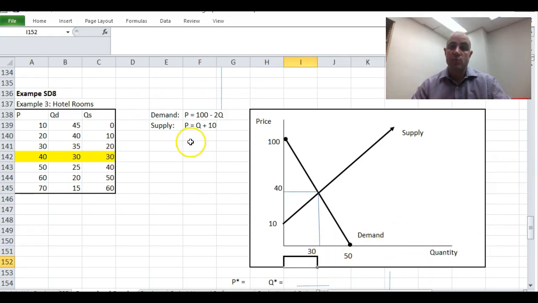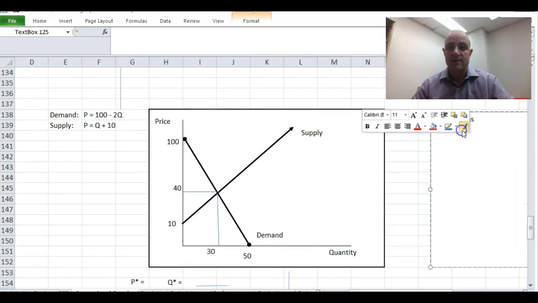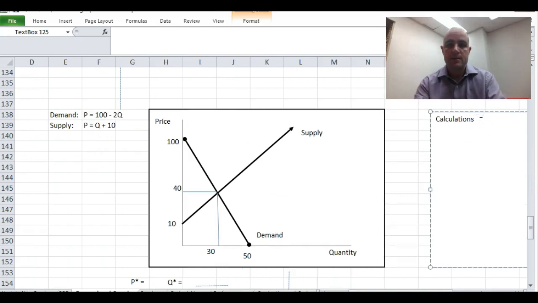But if we want to solve this another way, which just shows that this all works together, equilibrium is where supply equals demand, where the two prices equal each other. If you substitute in these equations, you get 100 minus 2Q equals Q plus 10.